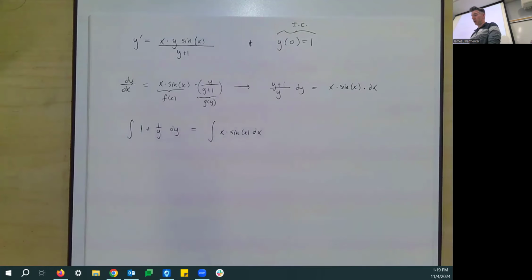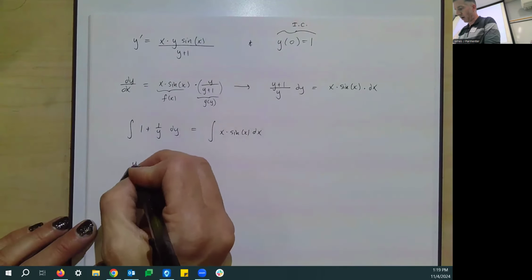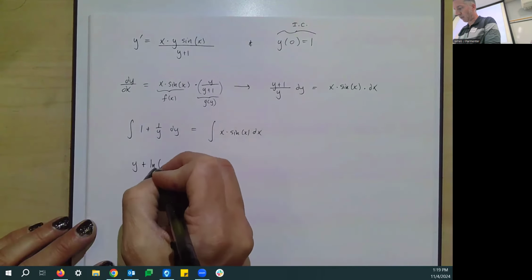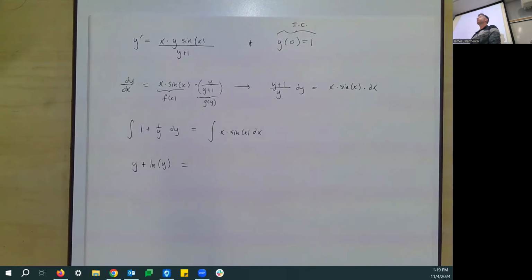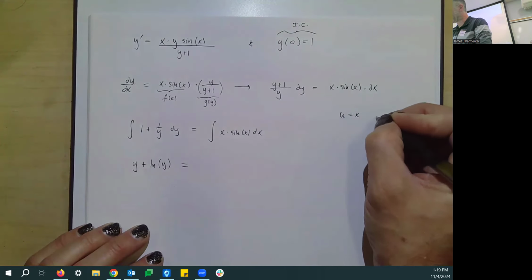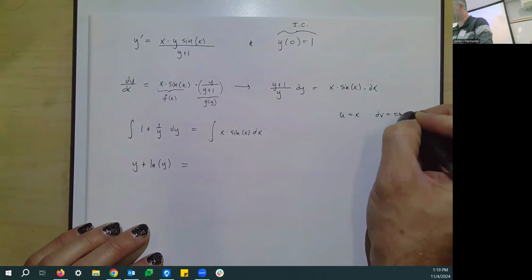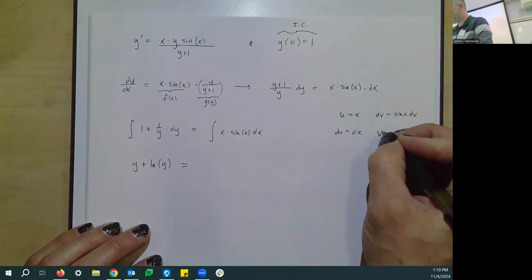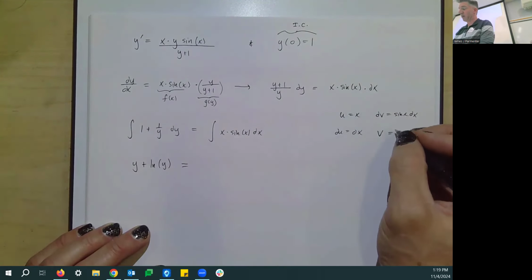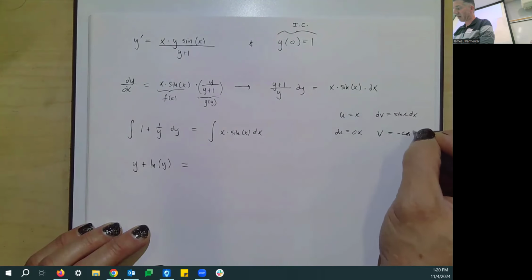Left-hand side is a straight shot. We get y plus the natural log of y. Right-hand side is integration by parts. So we're going to let u equal x, dv equals sine of x dx, du is 1 dx, v is the antiderivative of sine of x, which is negative cosine of x.